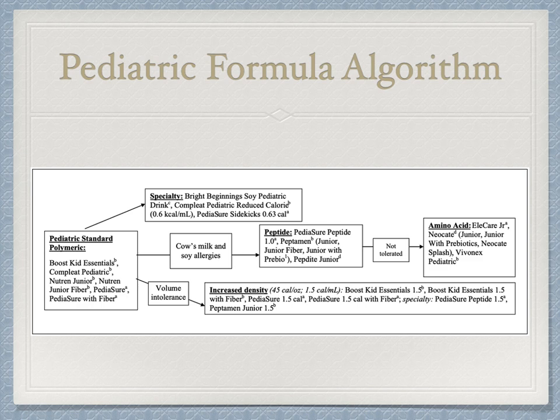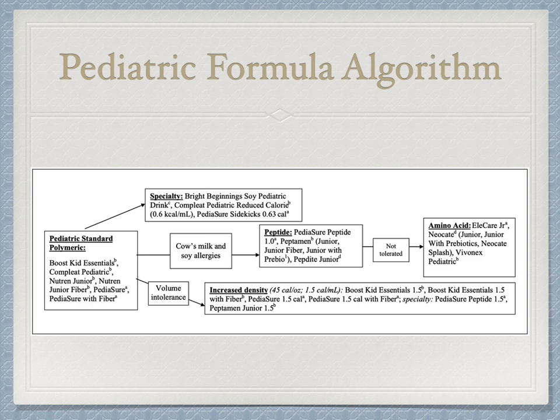As I mentioned before, Peptamen did introduce a formula called HP, which increased the protein in it, making it a more appropriate choice for our kids with higher protein needs in the PICU on the vent, similar to what you would see in the Peptamen Intense adult product.